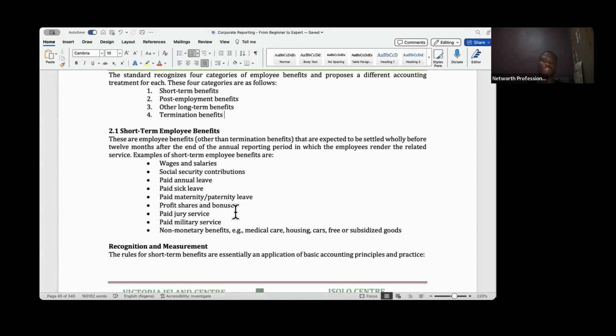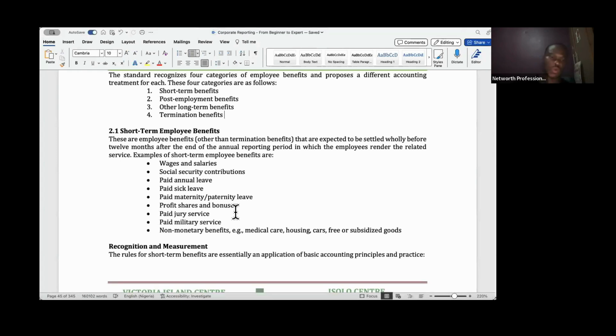That's why they call it short-term employee benefit. It's payable within 1 year. And that will usually be the monthly wages and salary and all the allowances that we get for working with an organization.